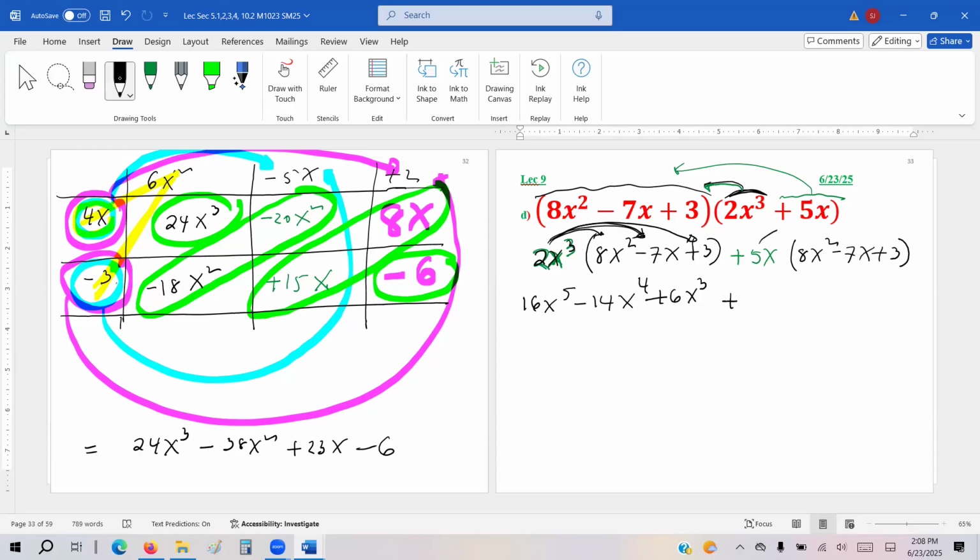Now comes the next one. Who would like to try the next one? Go ahead. 40x to the third. Next.